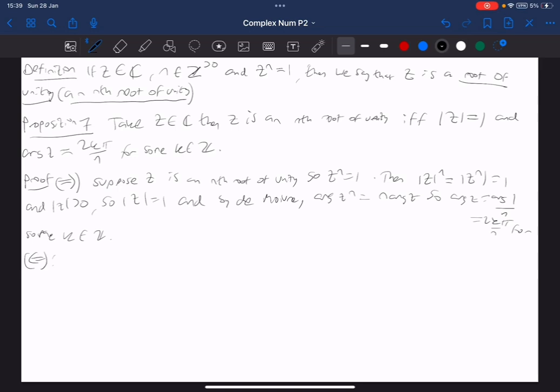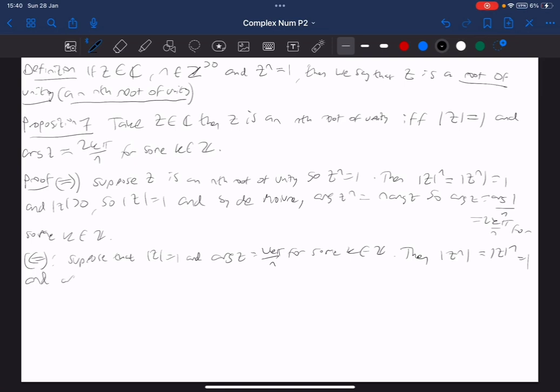We prove it the other way. It's very, very similar. We're going to suppose that the modulus of z is equal to 1, and that the argument of z is 2k pi over n for some integer k. Then the modulus of z to the power of n is mod z to the power of n, which is of course 1.